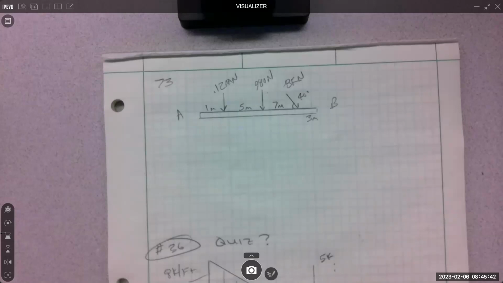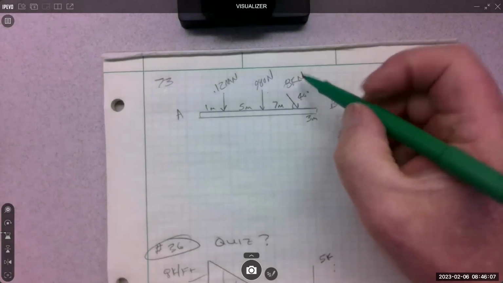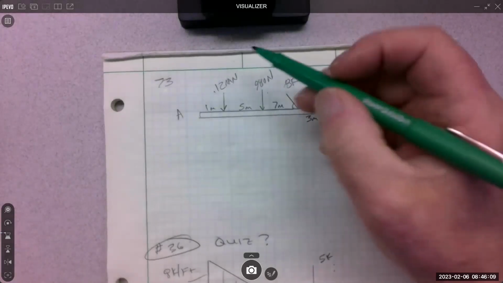They didn't mix metric and US. That'd be really rude. I would not do that to you either. But you got to watch for it. That's for sure. So this needs to go to maybe all, I don't know. I'd probably go to kilonewtons just to keep the numbers small. But you can't have three different ones: newtons, kilonewtons, and meganewtons. So what's mega?